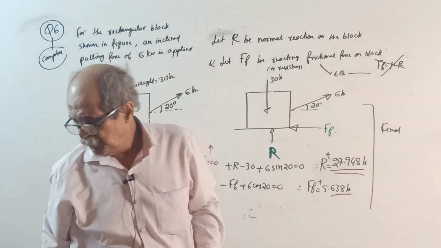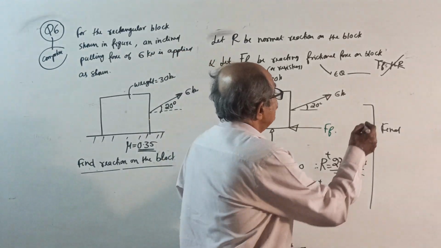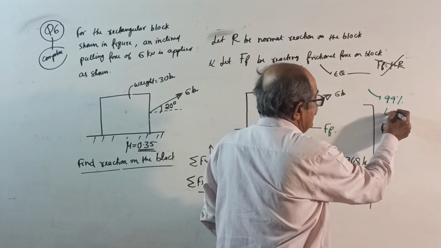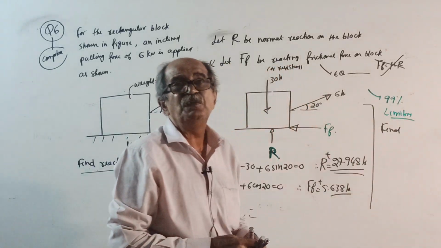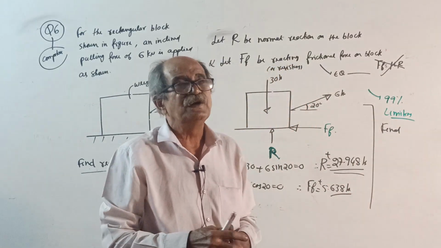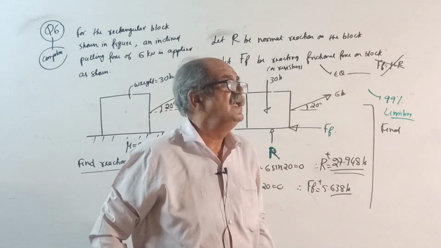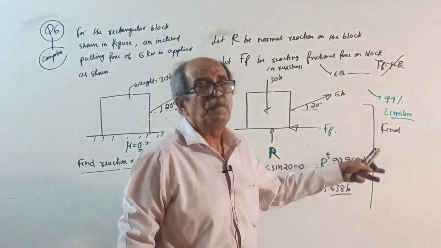Remember, therefore, last I will tell: now onwards, 99% of further questions will be limiting only. See, this is a rare question, the rarest of rare. Now onwards, when I solve, almost 99% will be limiting questions. Rarely, once in a while, I may put this type of question.